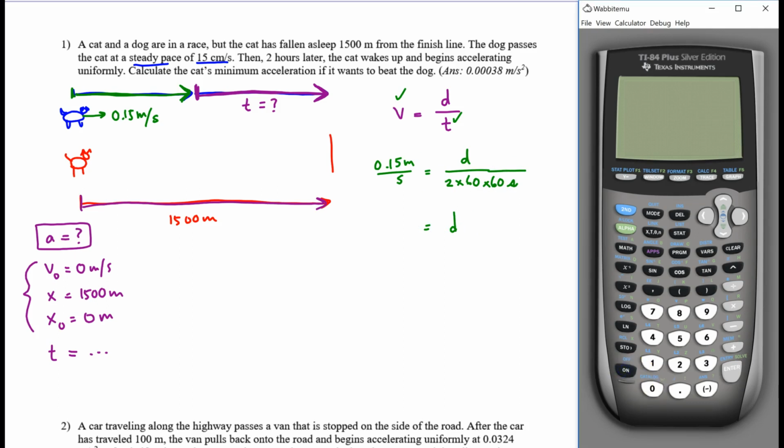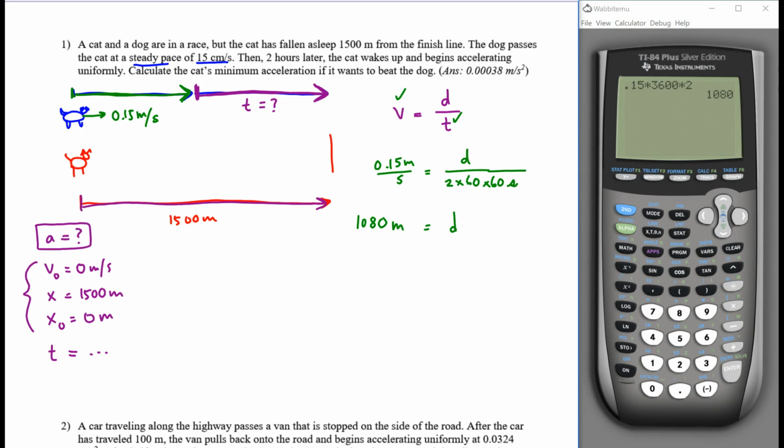And what do we get for distance? Let's turn on our calculator. 0.15 times 3600 times 2 for the 2 hours. 1080. So that's the first leg of the dog's trip.